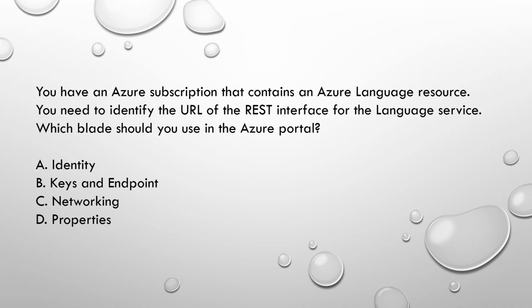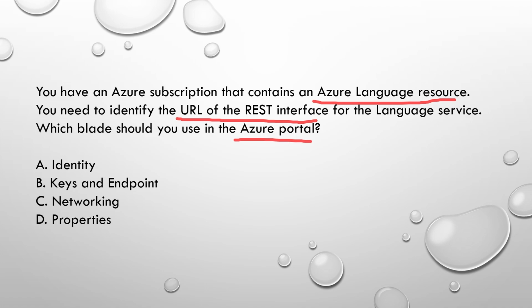Now let us break down the question. The question is regarding an Azure language resource, and we have to identify the URL of the REST interface of this resource. So go to the Azure portal, and you will get that information. Identity, as the name suggests, is for managed identities, so it is not for getting the URL of the REST interface. Next is keys and endpoint. What does keys and endpoint provide?